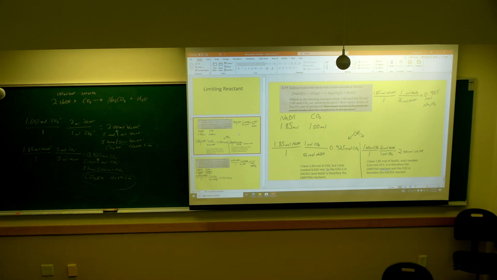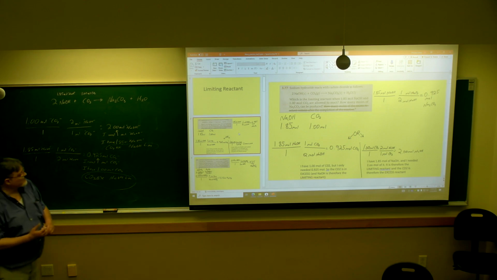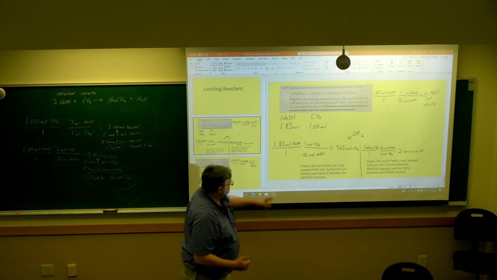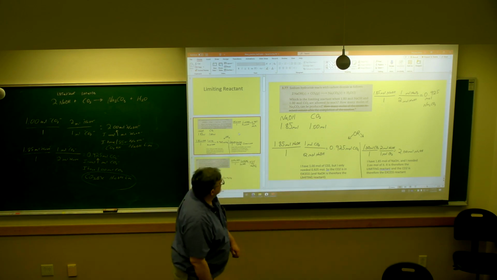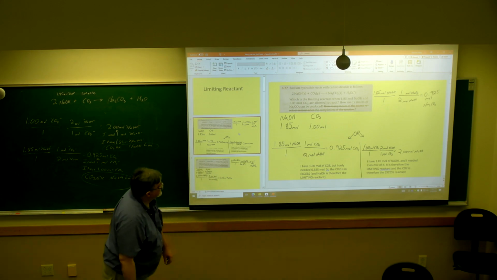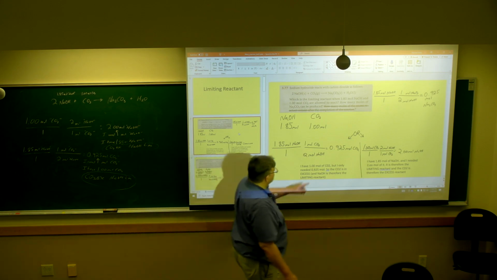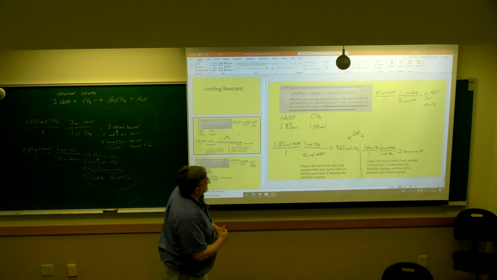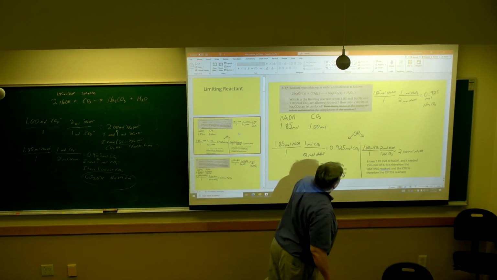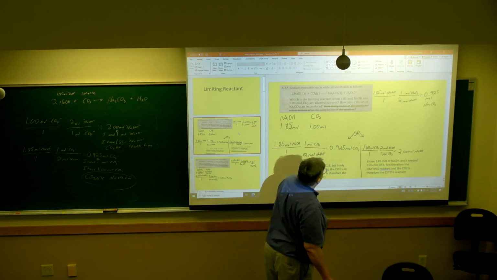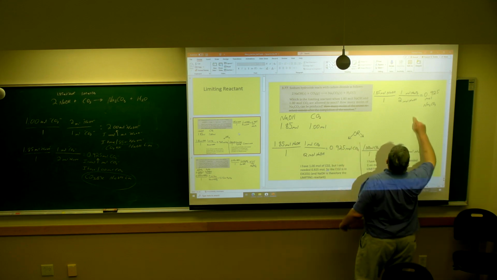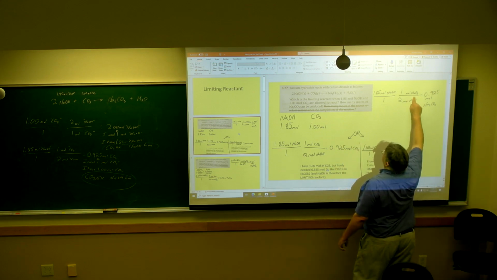You with me? So now if I was going to predict products, I've got it written out here. Did I finish that one out? So that's those 2 moles? Yeah, 2 moles. And then up here, Na2CO3 is what I have here.